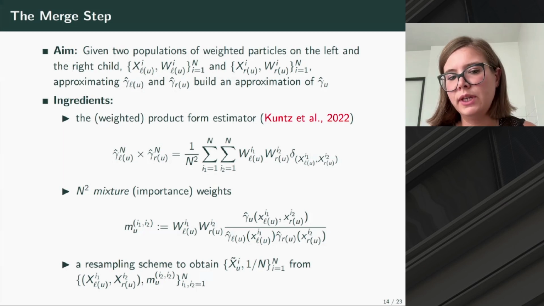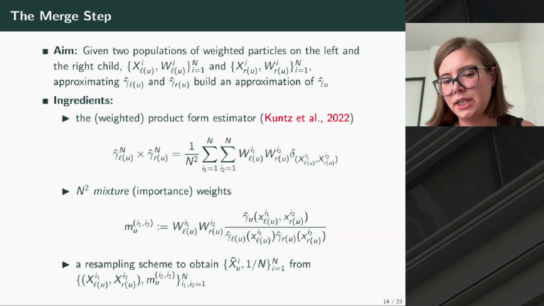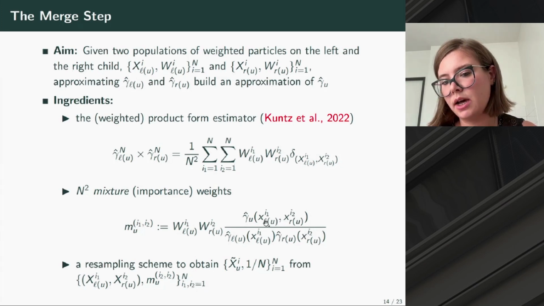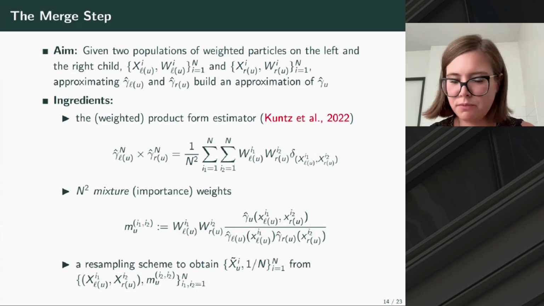Clearly, unless I have full independence, the product of two marginals is not equal to the joint distribution, which is the gamma u. So to account for this difference, we compute these weights, which are really just evaluating the mismatch between joint distribution and product of the marginals. Once we have these weights, we apply again the resampling scheme, which, you can imagine, is just sampling from a multinomial distribution.